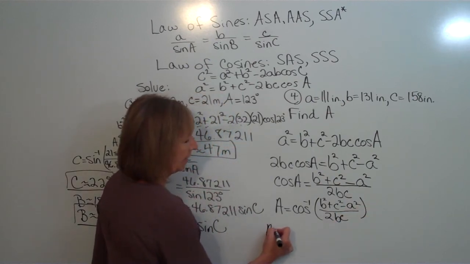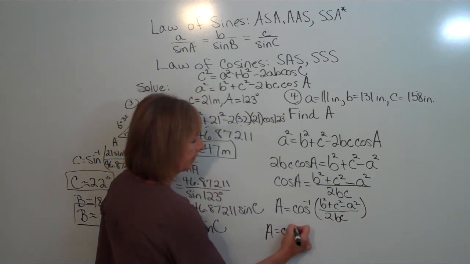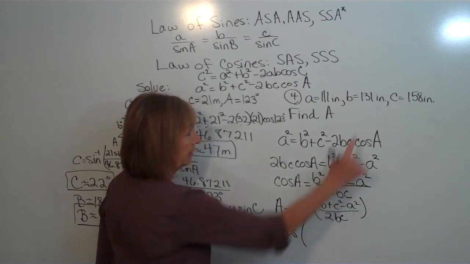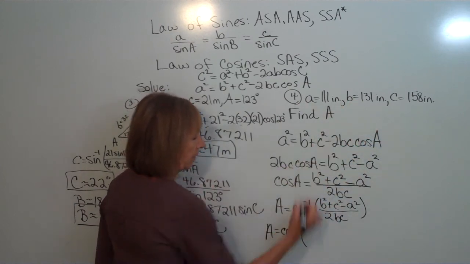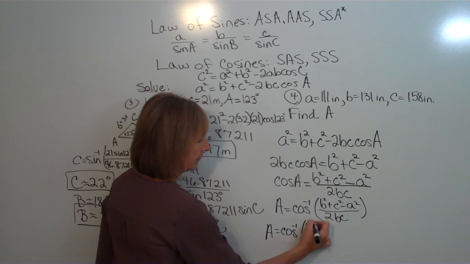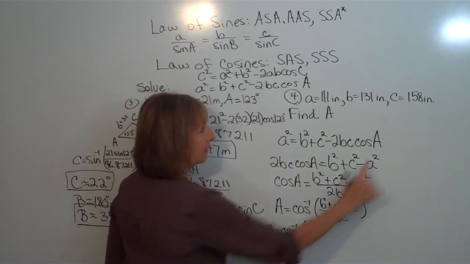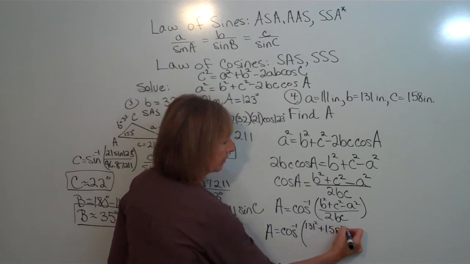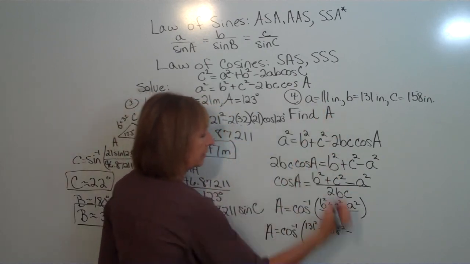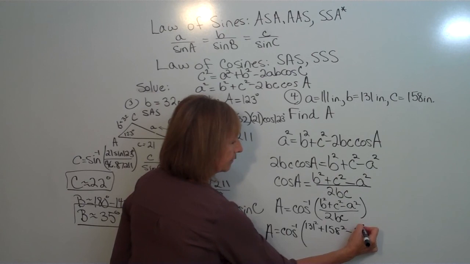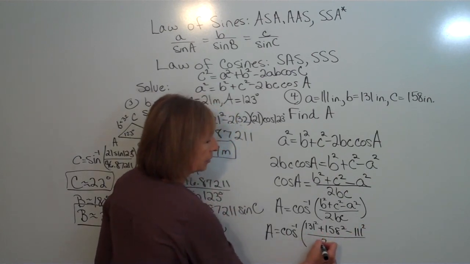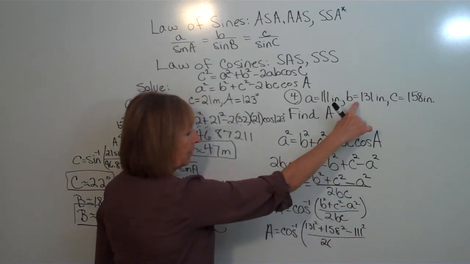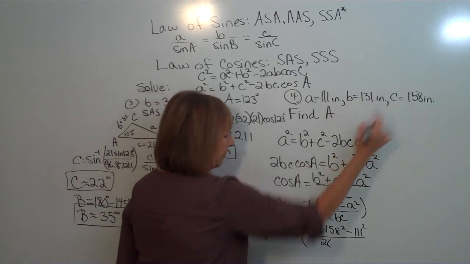So my A is equal to the inverse cosine, for this question, of 131 squared plus 158 squared minus 111 squared, divided by 2 times 131 times 158.